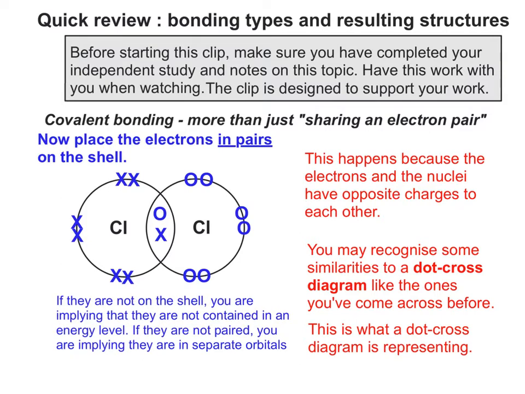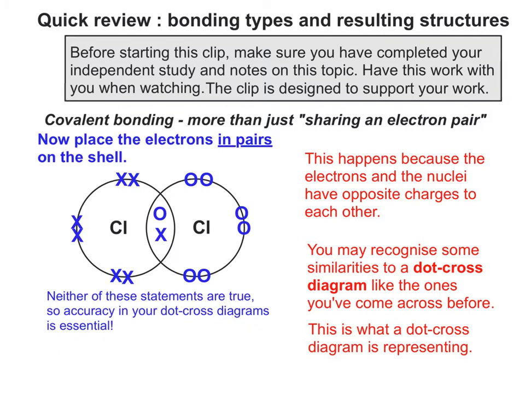If they're not on the shell, you're implying in your answer that they're not contained in an energy level. If they're not paired, you're implying that they're in separate orbitals. The problem with stating these two things is that neither of the statements are true. Accuracy in your dot-cross diagrams is essential. So if you're ever unsure, always refer to the textbook your exam board uses.